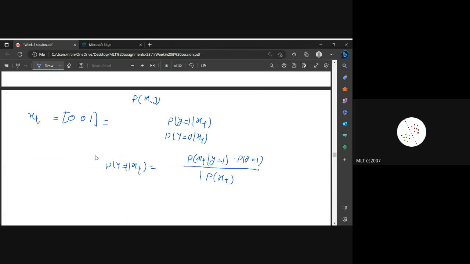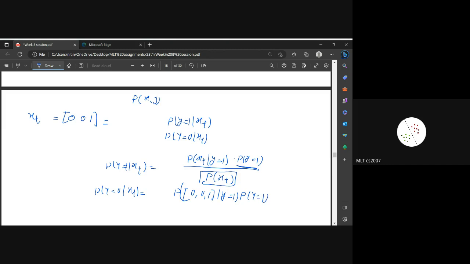So I'm ignoring this term because for P y equal to 0 given xt, this will be common, so I just compare those values, right? So if you look at these values, what is this value? This we have estimated. Or you can even simplify it. You can write it as probability of 0, 0, 1 given y equal to 1 and probability of y equal to 1.